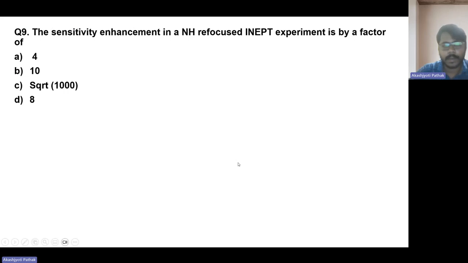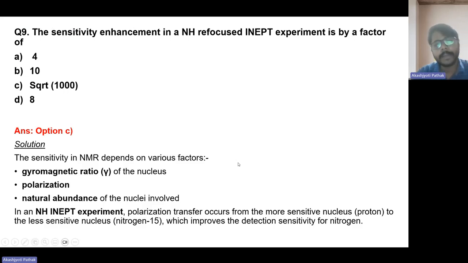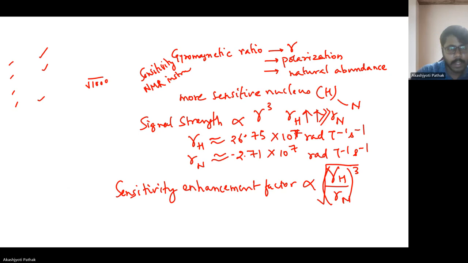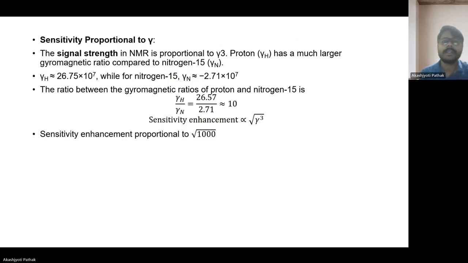So the sensitivity in NMR depends on these factors: gyromagnetic ratio, polarization, and natural abundance of the nuclei involved. And this sensitivity is proportional to gamma, and not just the ratio of the two, but to the cube of gamma of the more sensitive to the less sensitive.